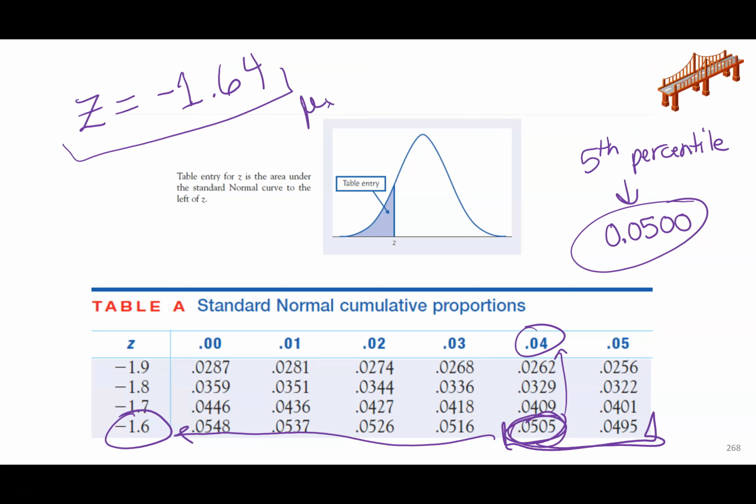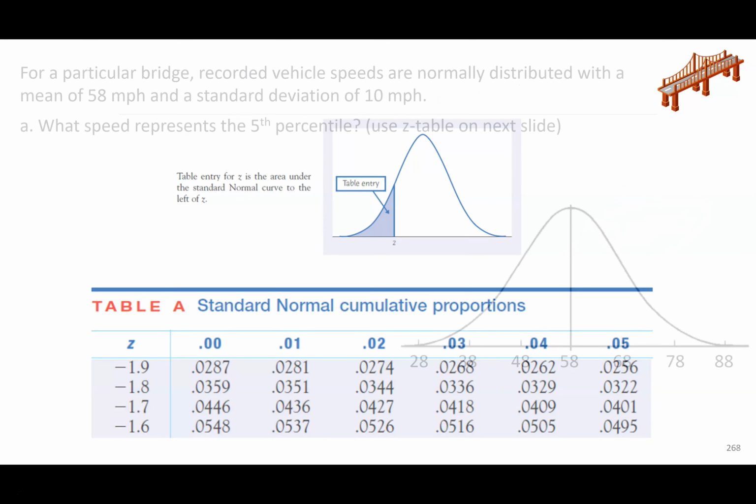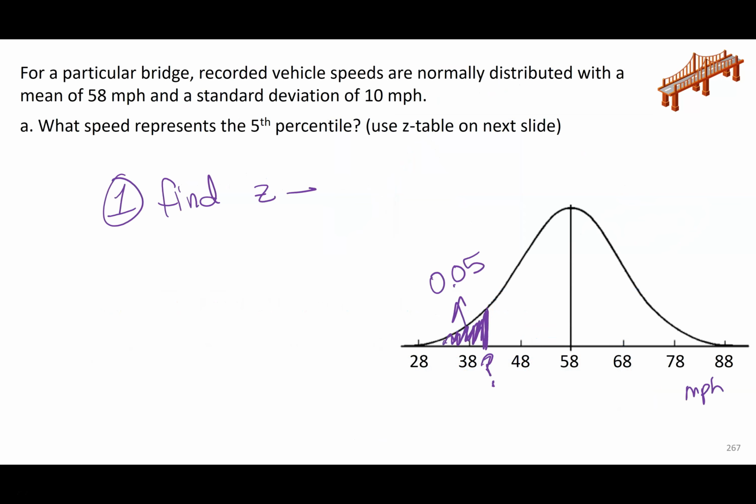Mu is going to be the same. So mu is 58 miles per hour. And sigma is going to be the same, 10 miles per hour. So z is equal to negative 1.64, at least using the table.